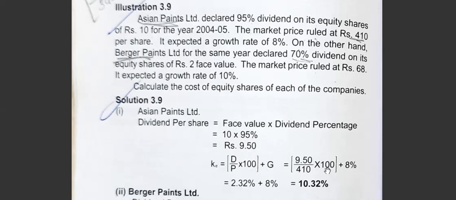Now divide and multiply by 100, you will get 2.32 plus growth 8%, you will get 10.32%. So 10.32% is the cost of equity of Asian Paints Limited.